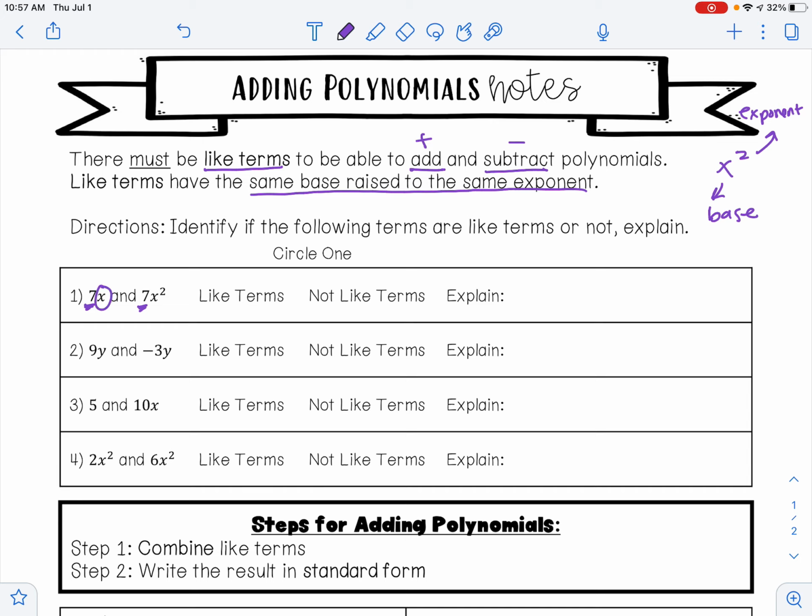Our base is x, so we do have same bases. But if we look at the second term, here I have an exponent of 2. I do not have that same exponent for the first term. So these are not like terms because they have different exponents.